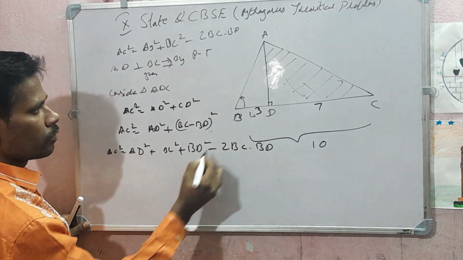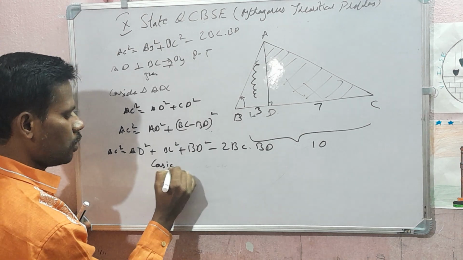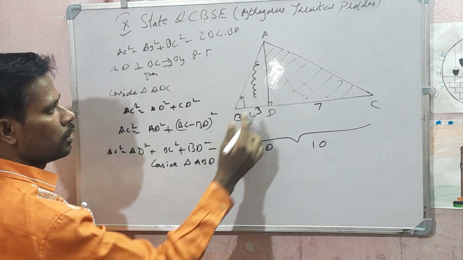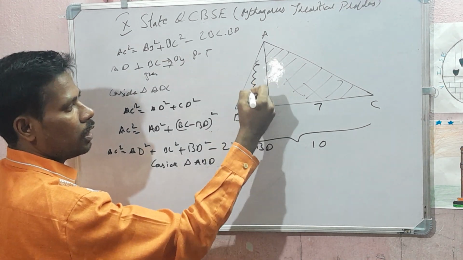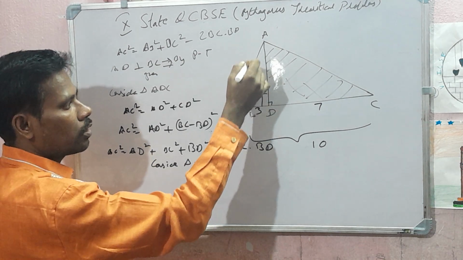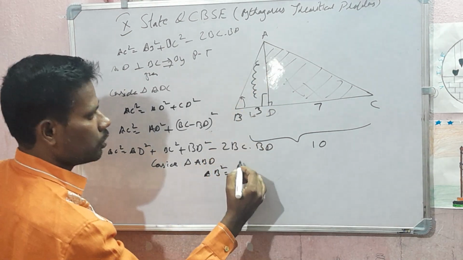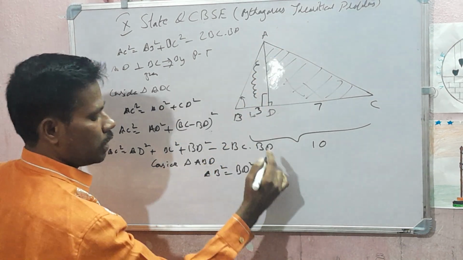Next, again consider this triangle. Consider triangle ABD, right? What can you say about this triangle? It is a right angle triangle. The square on the hypotenuse AB is equal to the sum of squares on the other two sides: BD square plus AD square.